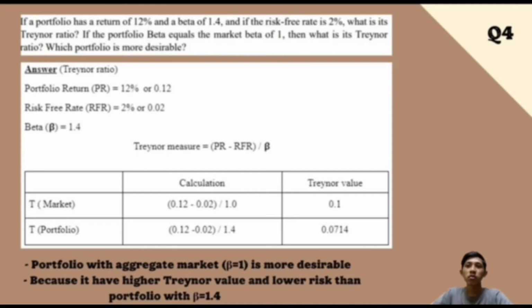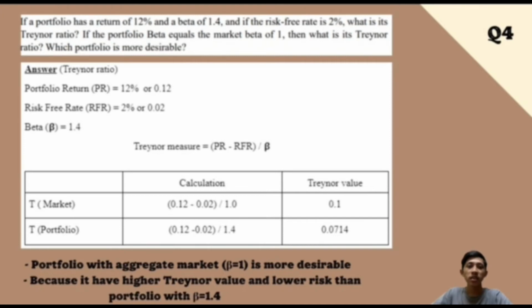So, to calculate the Treynor value, we use the table to understand the answer easily. The Treynor for the market is 0.12 minus 0.02 divided by 1.0, and we get 0.1.